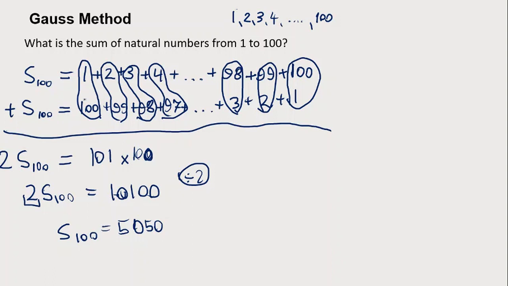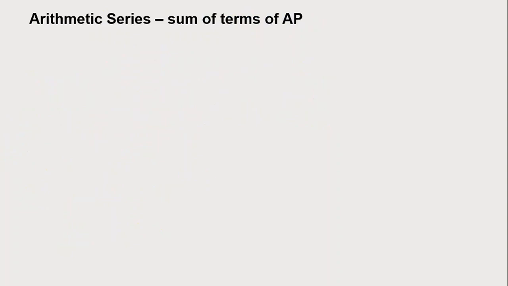So a simple trick using the quality of addition to enable us to evaluate the sum of the first 100 numbers. It would indeed work with any number of natural numbers, as long as they are natural, of course. If you go into real numbers or complex numbers, then you could be in real trouble trying to add them in. Nonetheless, Gauss method is quite useful when we want to derive the main formula for AP.